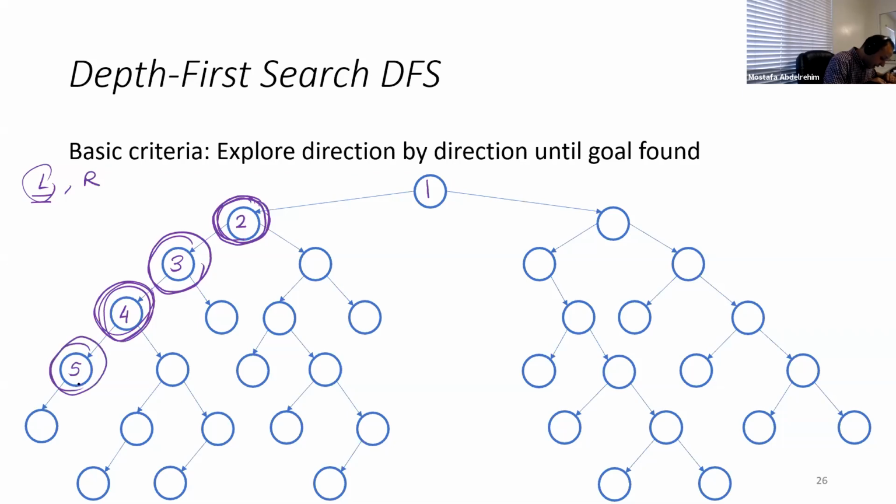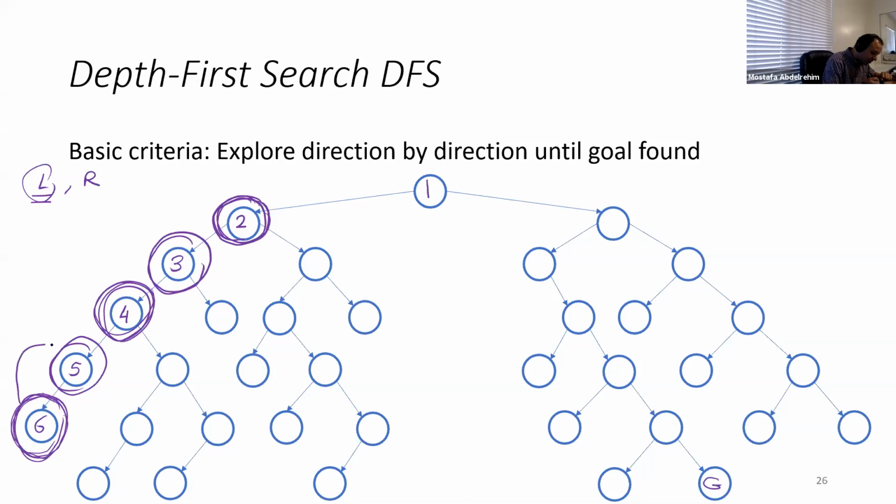There is only one possibility left for it, which is 6. 6 has no children. So this path from 5 to 6, we are now sure that we cannot reach our goal. The goal could be one of these, for example this node. Since we didn't pass through any goal node, and 6 has no children, we are sure that 6 has no reachability to the goal.